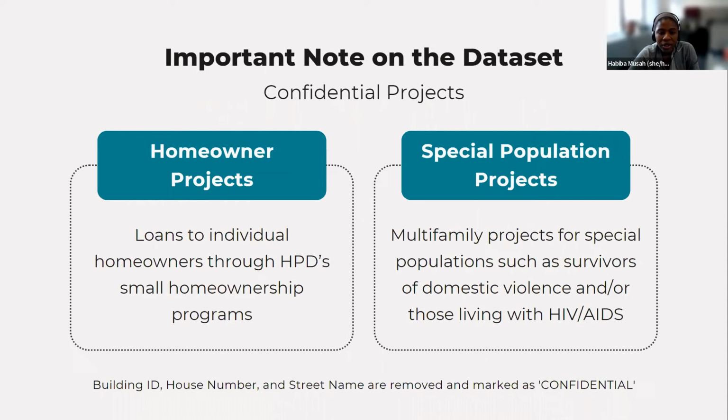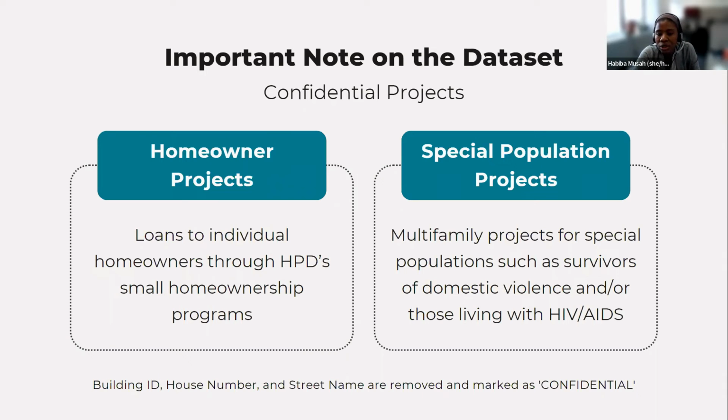So one thing that you'll notice in the affordable housing open data is that there are a number of projects that are labeled as confidential. And so these confidential projects fall into 2 categories. The first is homeownership assistance projects, and the second is multifamily projects for special populations.